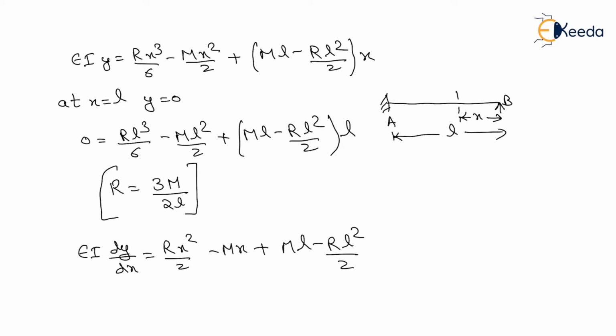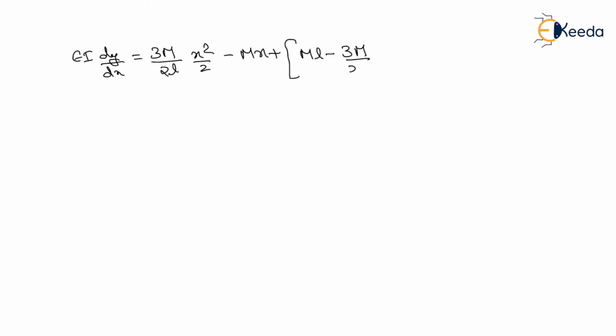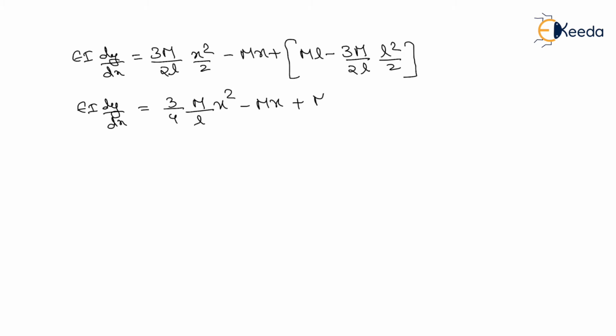We will get EI dy by dx is equals to 3M by 2L into x square by 2 minus Mx plus ML minus 3M by 2L into L square by 2. On solving this, we will get EI dy by dx is equals to 3 by 4 M by L into x square minus Mx plus ML by 4.